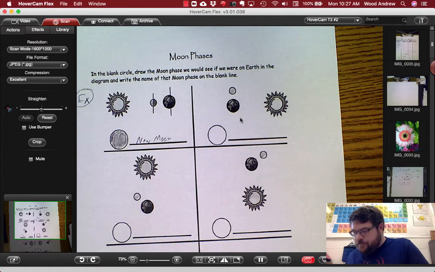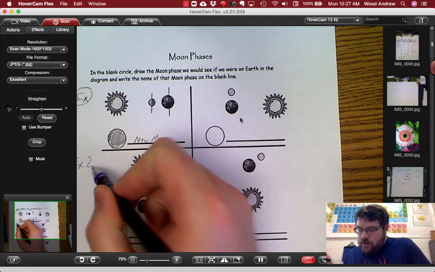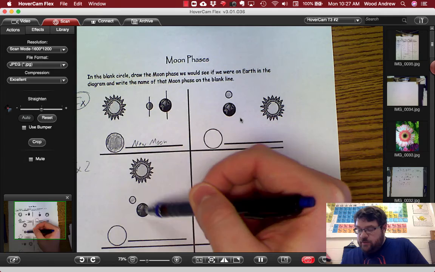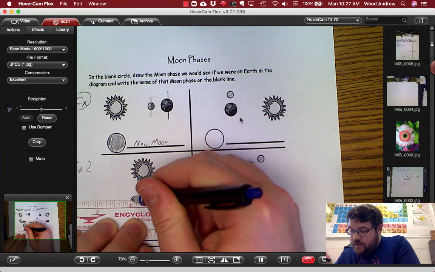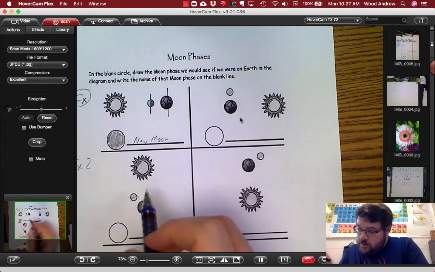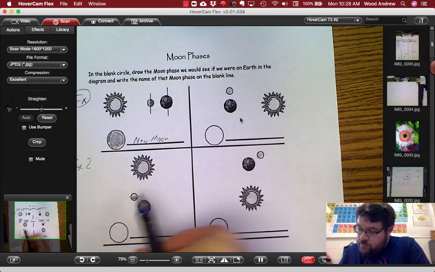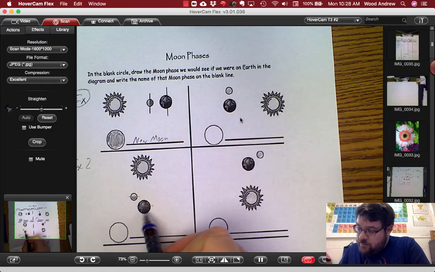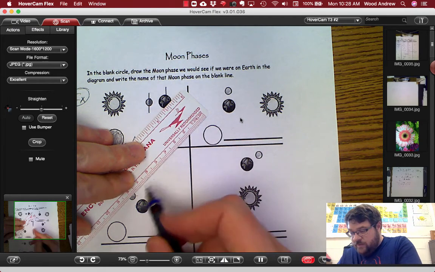pretty easy. Okay? Let's go ahead, example 2. Again, sun, earth, moon. Figuring out which side is daylight and which side is darkness. Dark side. Dark side. And remember, we're going to see the half of the moon that is facing Earth.